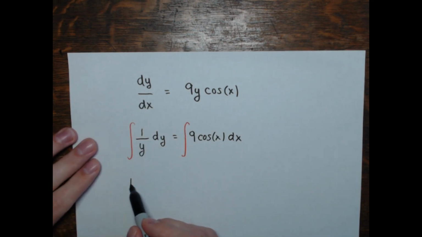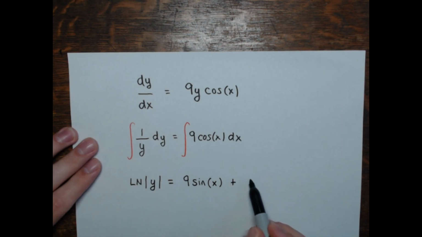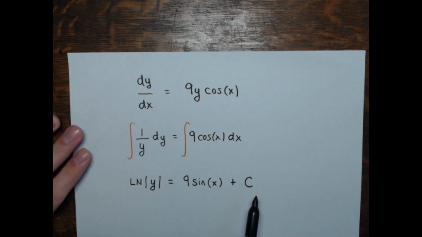Left side, natural log of the absolute value of y. Right side, 9 times the sine of x plus some constant. And again, you only need to throw the constant on one of these sides.